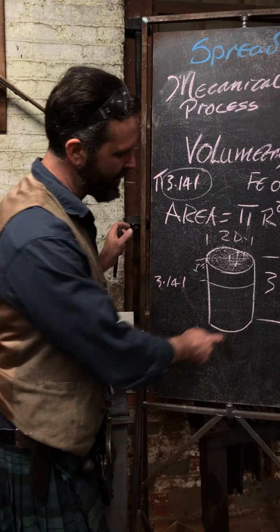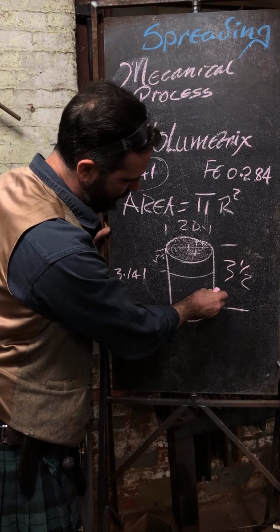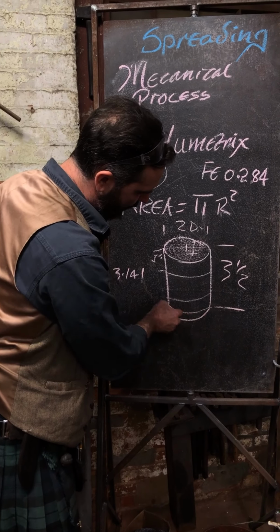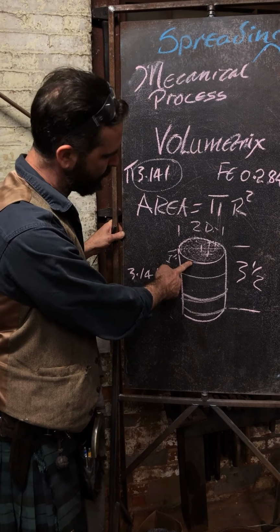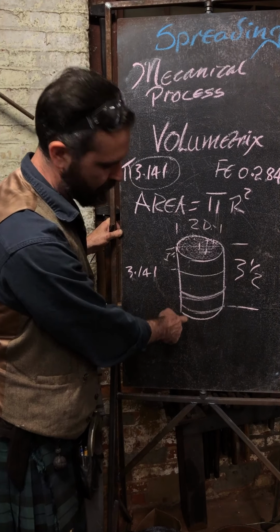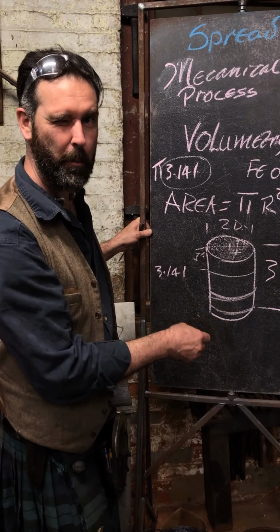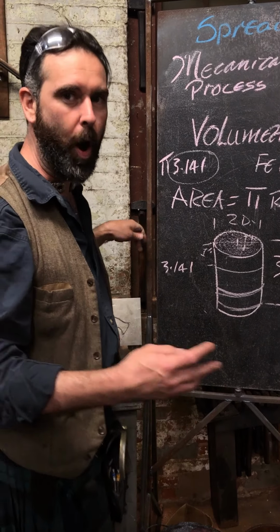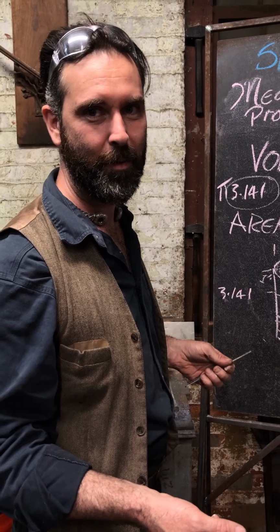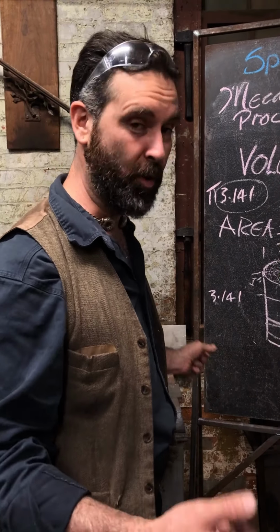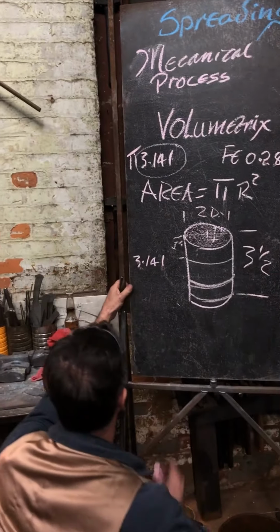So if I know that this is 3.5 inches, and I know that this is just shy of a pound, that's 1 pound, 2 pound, 3 pound, plus a little tiny bit, I know it's going to work out at about 3.25 pounds, right?